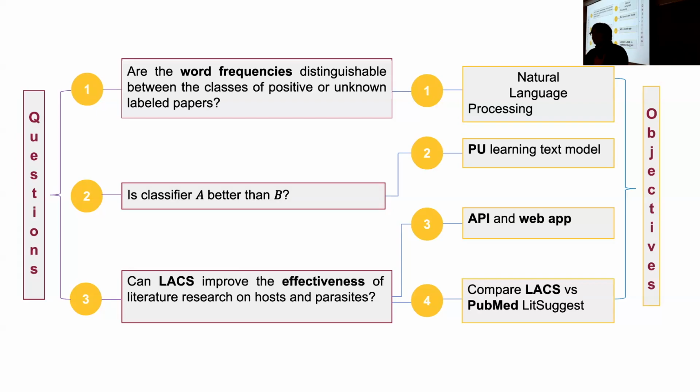I don't have the negative class because I don't have time to curate which are the negative papers. So I use a machine learning approach that is called positive and unlabeled. That means that I just provide the positive cases and I take random papers to train as unlabeled, that's unknown papers, and then the machine just selects which are the closest to the papers I provide.